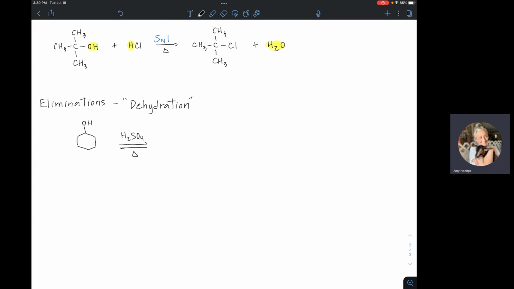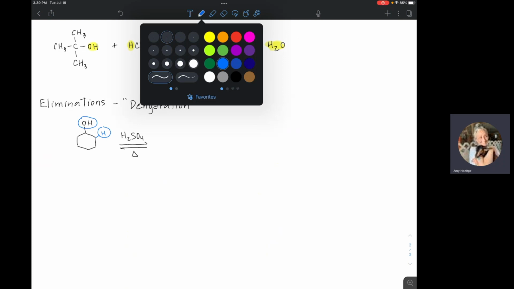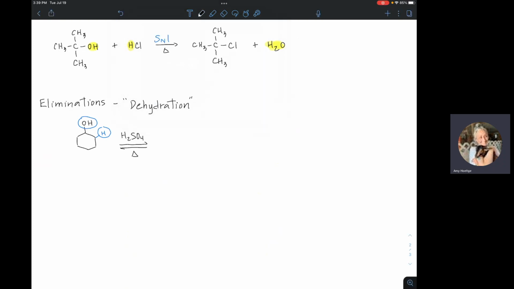So that little triangle means heat. And what you're going to lose is, and I'll draw this in, you're going to lose the hydroxyl group, this, and this. So we're going to protonate the hydroxyl group with the acid, and we're going to lose water, and we're going to lose that proton.